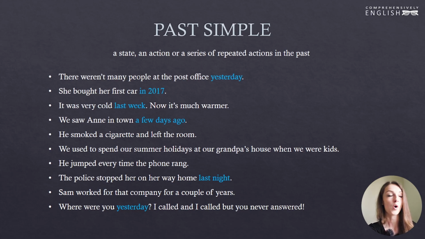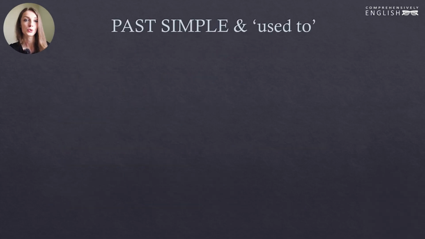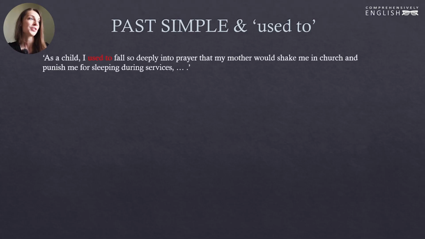Okay, let's move on. Past simple and used to. Before we go to the theory, let's look at some examples I've taken from several books. As a child, I used to fall so deeply into prayer that my mother would shake me in church and punish me for sleeping during services.